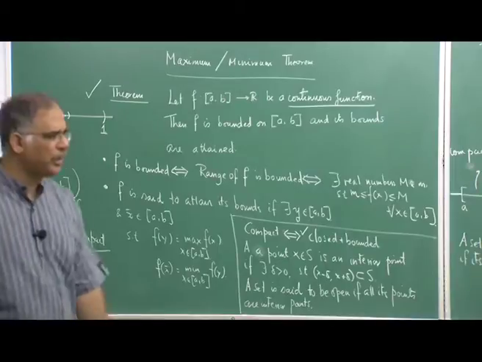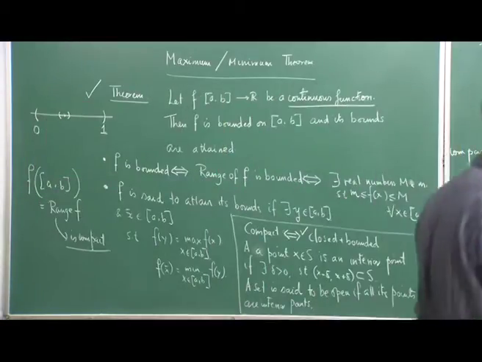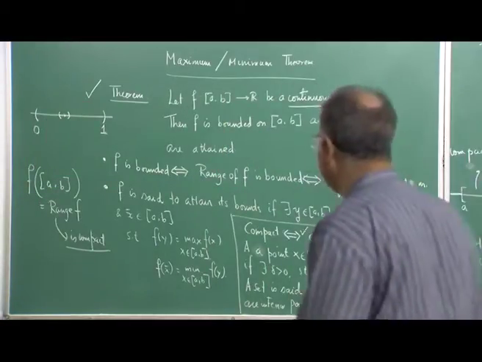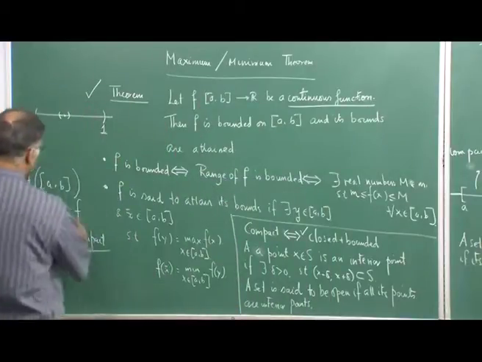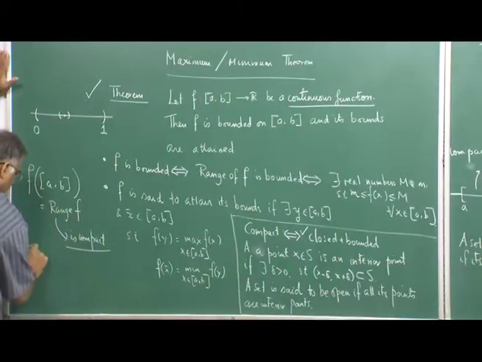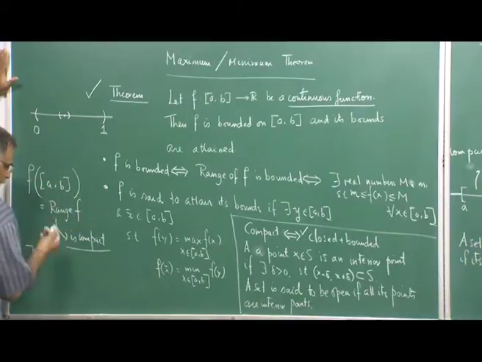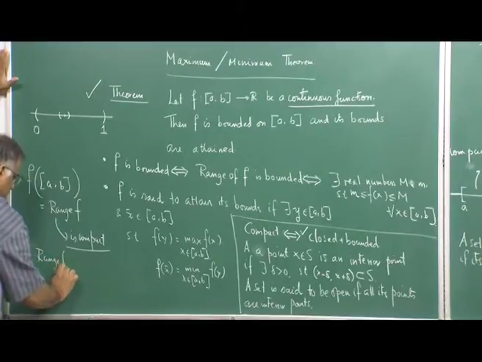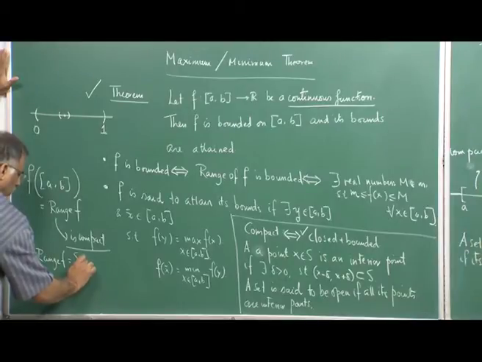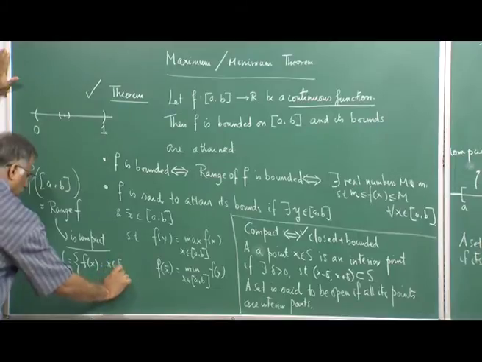And when the range of f is compact, it is both closed and bounded. So, what is the range of f? A set of all f of x where x is belonging to [a, b].